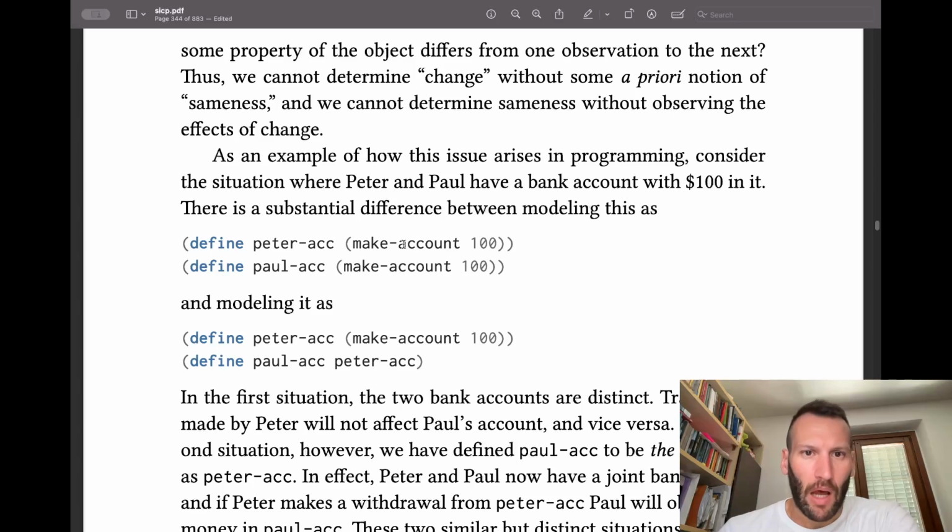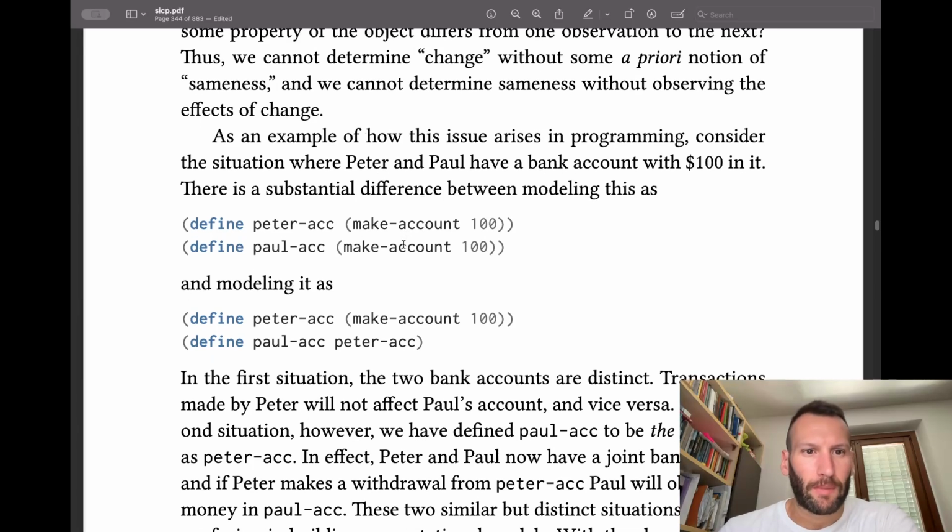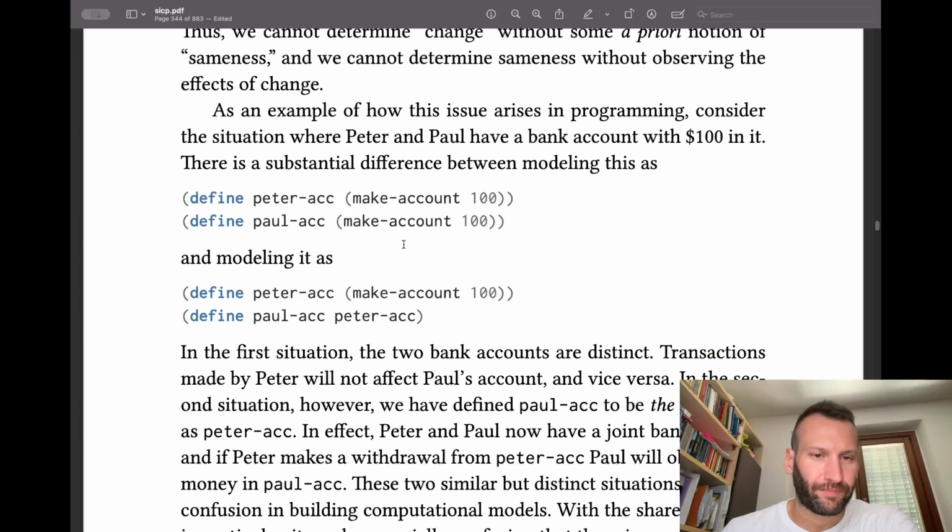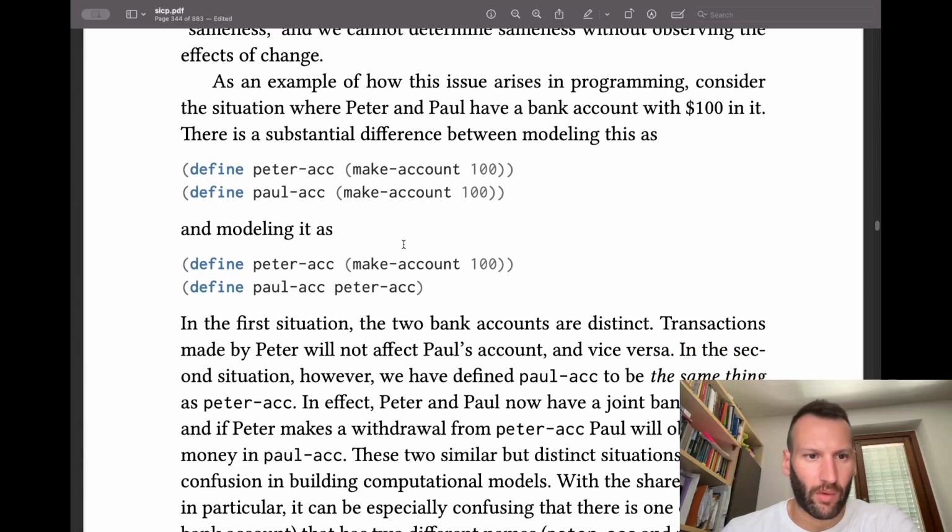As an example of how this issue arises in programming, consider the situation when Peter and Paul have a bank account with $100 in it. There is a substantial difference between modeling these as two separate accounts and modeling it as a single shared account.